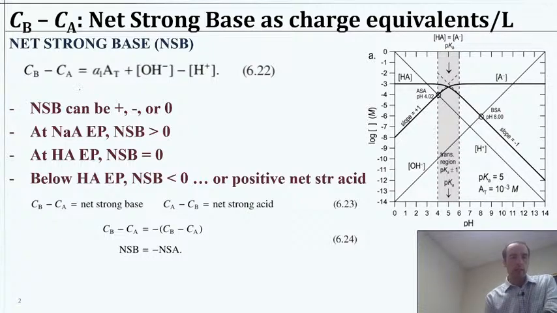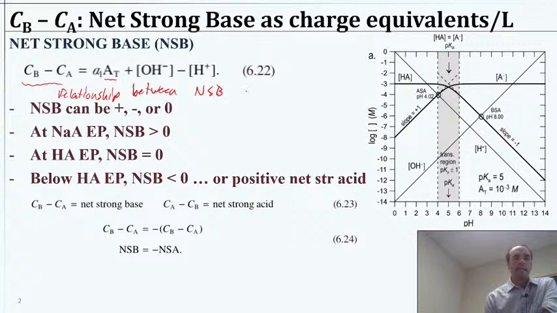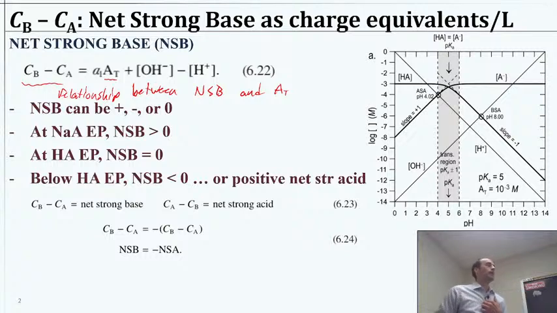So this is how the titration becomes useful. There's going to be some relationship between this net strong base term and a total. So that gives us a way that we might be able to measure a total by measuring the net strong base required to have some pH outcome. That's where this is heading.